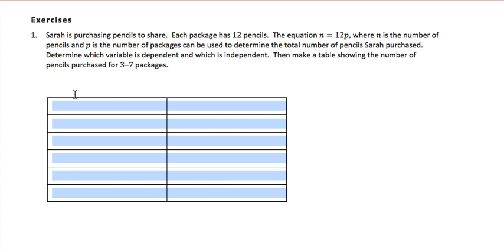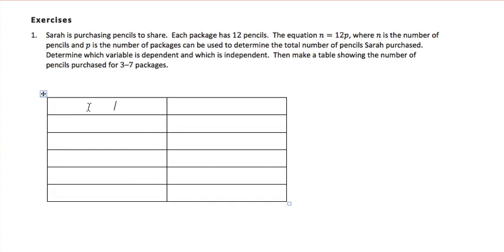So we want our independent variable to be on the left. Our independent variable are the packages of pencils, because the number of pencils is dependent on how many packages she purchases.